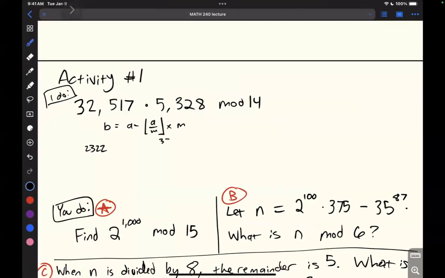And then 32517 minus 32508 is 9. So 32517 is equivalent to 9 mod 14.